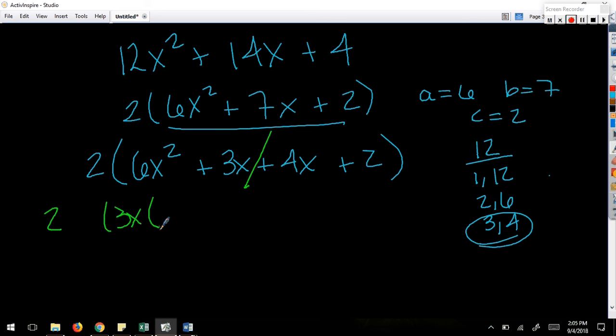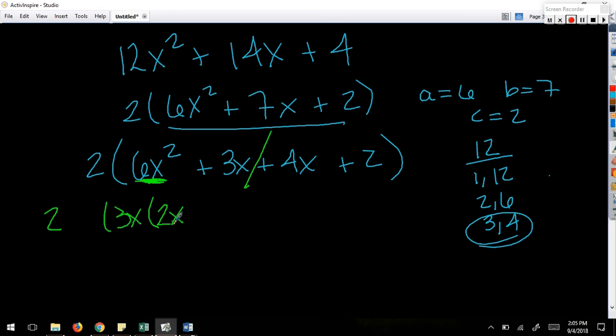What's left if you take a 3x out? What's left here if you divide by 3x? Somebody said it. 2x. I'm dividing 6 by 3, right? Not the 2. Don't worry about this 2 in front. I'm talking about the GCF of just these 2 is 3x. So if I divide this by 3x, I get 2x.